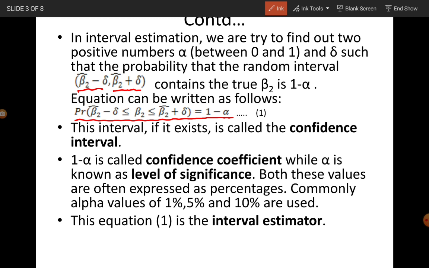So if I assume that my alpha is 5%, then when I'm trying to build this interval estimator, I'm saying that there is 95% probability of successfully constructing an interval beta 2 hat minus delta to beta 2 hat plus delta, which contains the true population parameter beta 2.